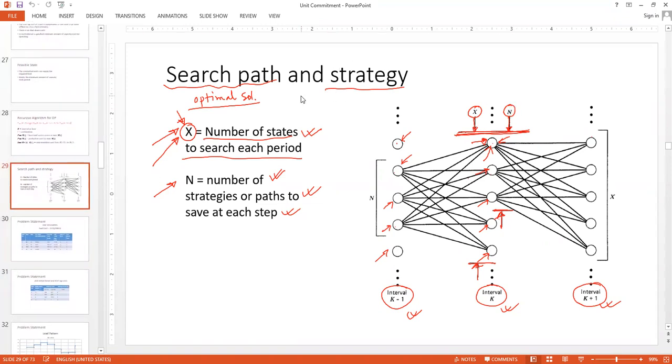So there are problems at both ends. If N is too big, there is a memory storage issue.